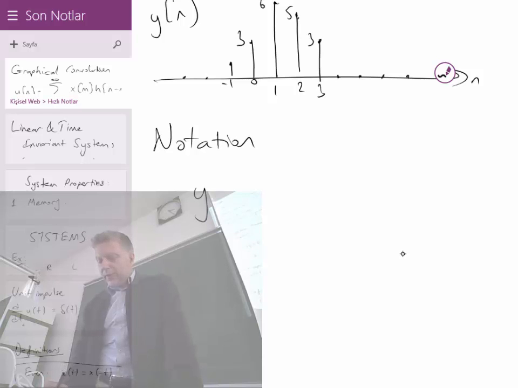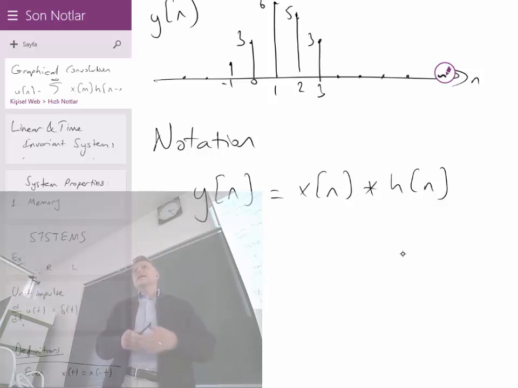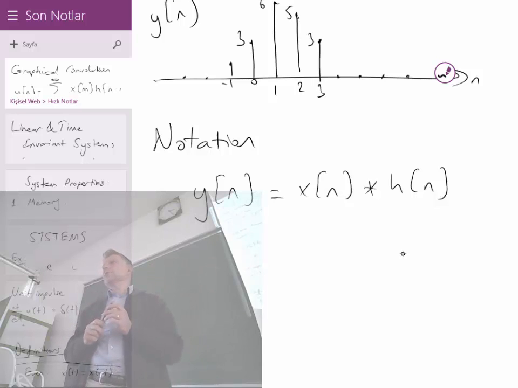We will say that y of n is the convolution of x and h. Look at the star in between. That star is the convolution operator. It's like summation. It's like multiplication. But it's not. It's convolution. This star will correspond to that.